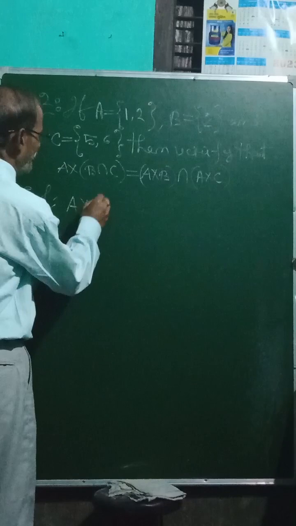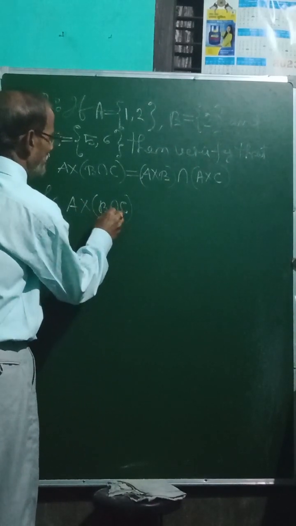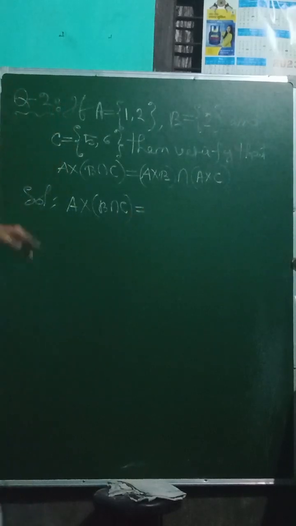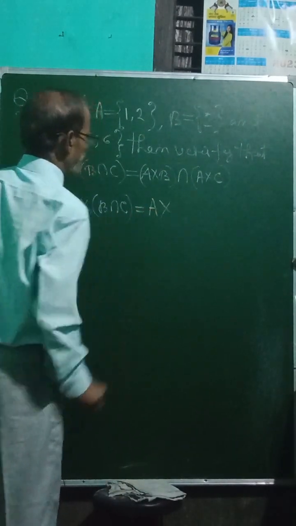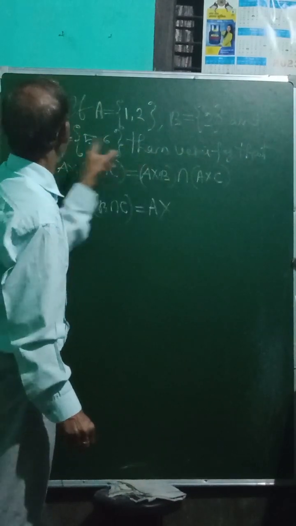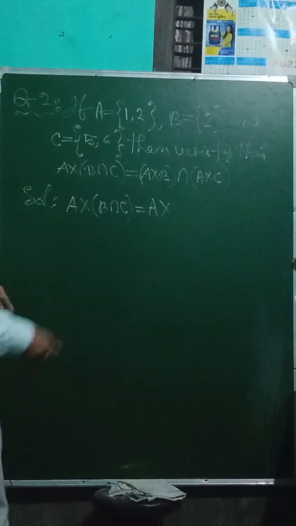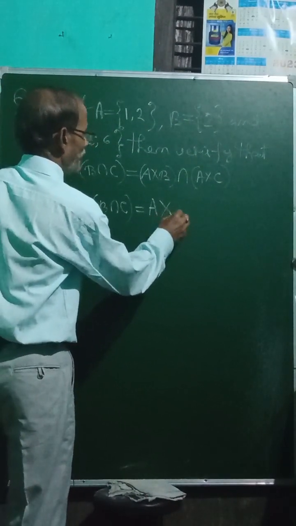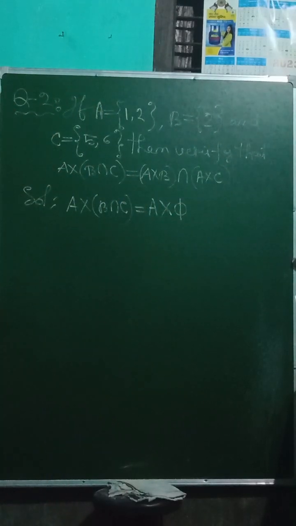A cross (B intersection C) is equal to, we can write again, A cross (B intersection C). See the two sets, B and C, have 2 and 5, 6, no common element, so it will be the null set phi.